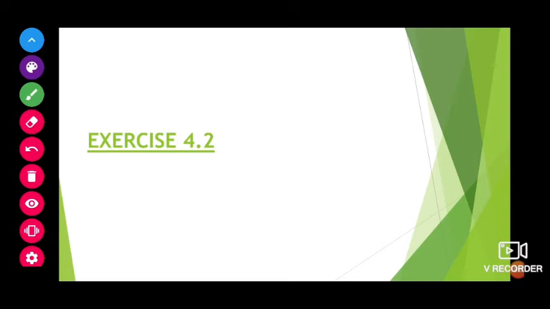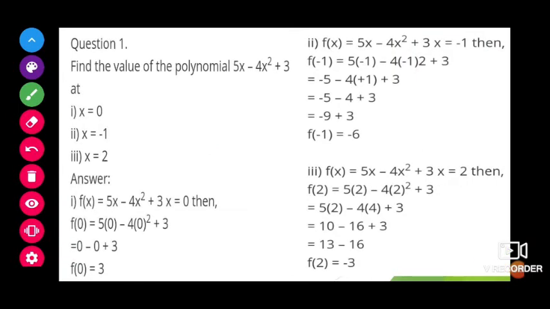Now we will see exercise 4.2. Where we can see that we are going to just check, not even finding the zeros of your polynomial. We will just check. They will only give some values. For those values, whether the values will be a zero of that polynomial or not, we are going to check in this exercise.